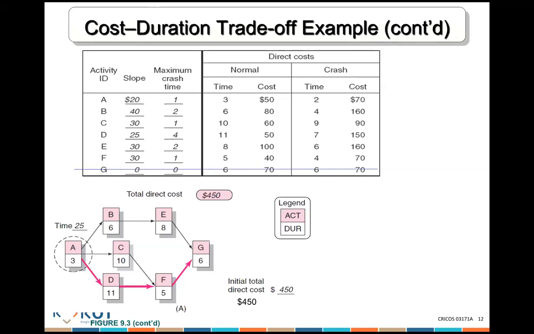Okay. So if I was to reduce A, how many periods can I reduce A by? What's the maximum time period I can crash A? How many times? 1. I can crash it one time only, from 3 days to 2 days.